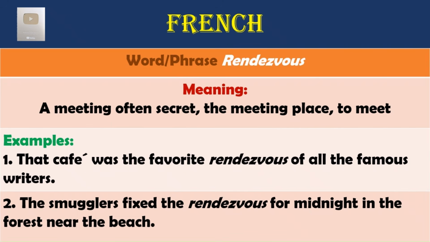These are examples. The cafe, look at the mark which shows you how it's pronounced, was the favorite rendezvous of all the famous writers. Second sentence, the smugglers fixed the rendezvous for midnight in the forest near the beach.